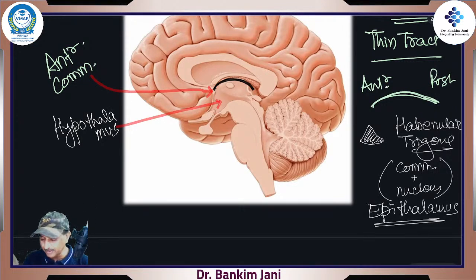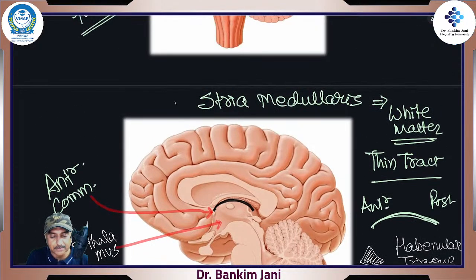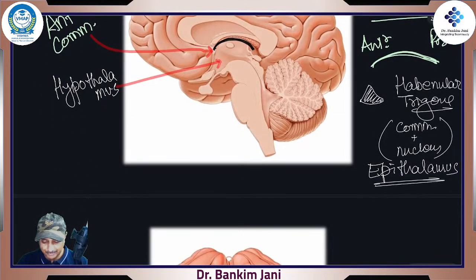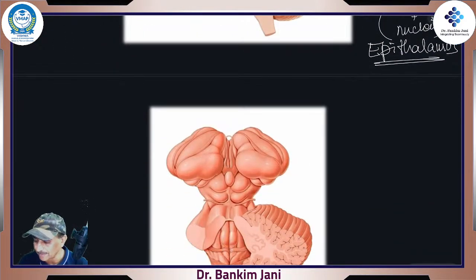The hypothalamus is communicating to the epithalamus via the stria medullaris, right? So that's the stria medullaris. Anteriorly, we have the anterior commissure and hypothalamus, and it is traveling. If you really want to find out where exactly it travels, let's draw it, right?